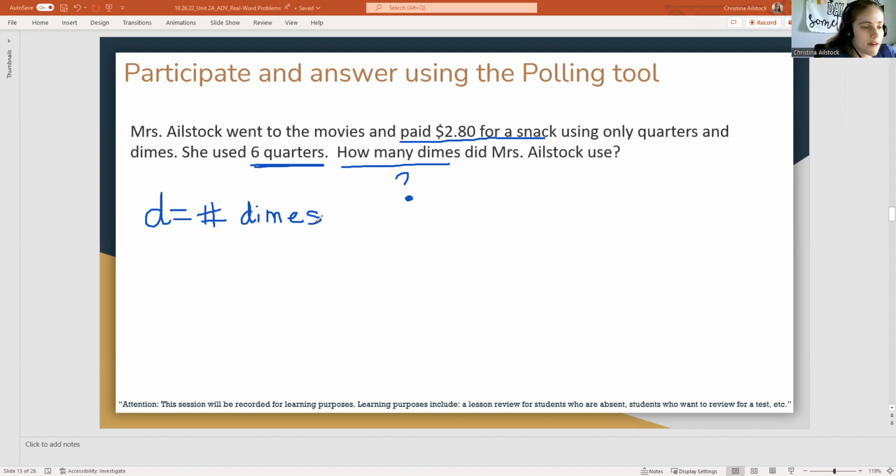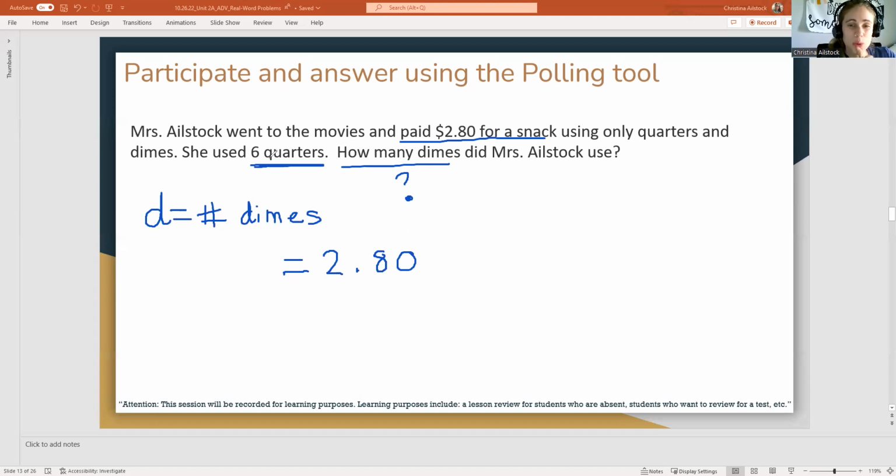All right, so if I paid $2.80 for a snack, that means that's going to be my total. So sometimes you can work a little backwards. Notice that I'm kind of setting these up a little bit differently, trying to show you some different thought processes here. So I know that my total is $2.80 because that's how much I paid. And then I used 6 quarters. So would I just put a 6 down?